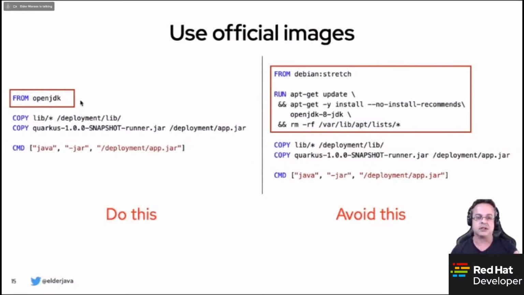I can't talk about other languages, but for the Java ecosystem, we can, in most cases, rest assured that if we are using official images, we know that the images are following best practices. The guys that are maintaining those images are following a lot of good practices to decrease the size, to decrease the build time.